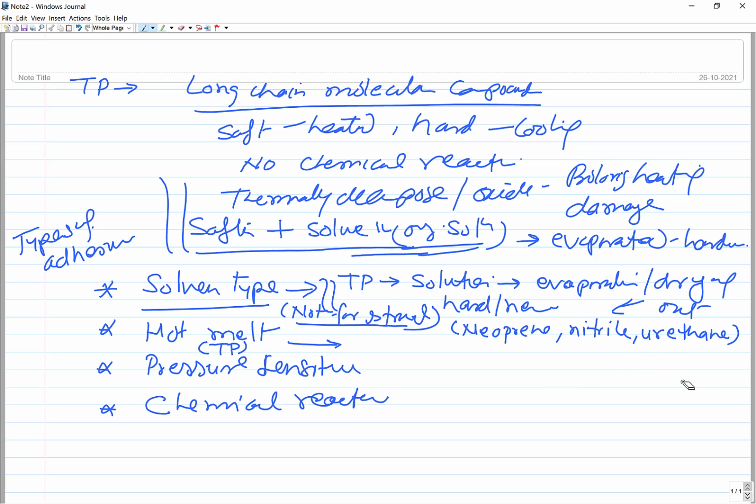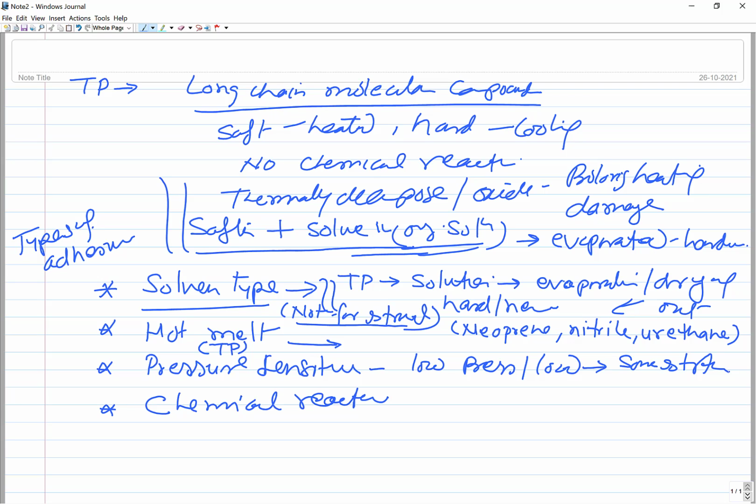Now we'll see the pressure sensitive type of adhesives. Under the effect of low pressure or low load, these show some strength when applied at the joint interface.